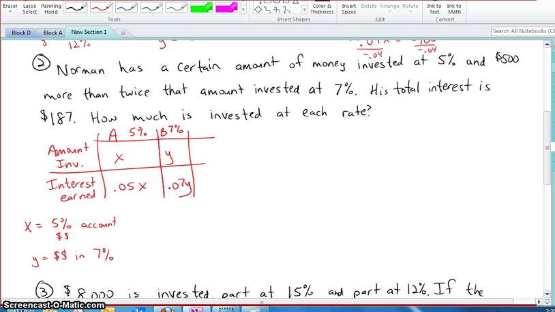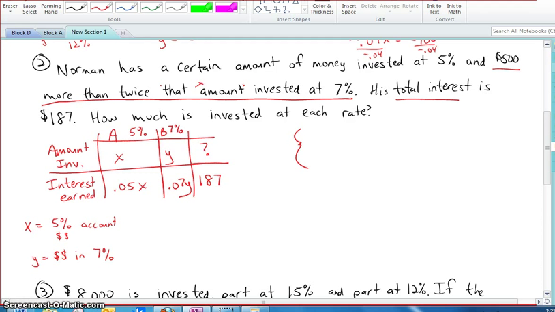I need to know, do I have a total? Does it tell me anywhere a total? Yes. The total interest is $187. So that goes down here with the interest earned. I don't know the total of money that he invested. But what I do know is that 500 more than twice that amount is invested at 7%.